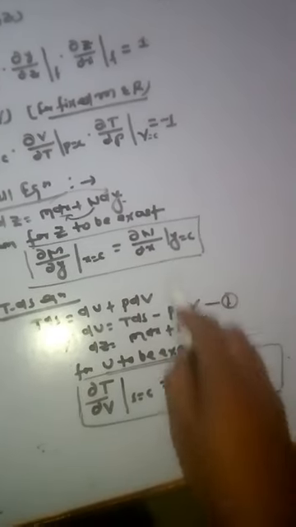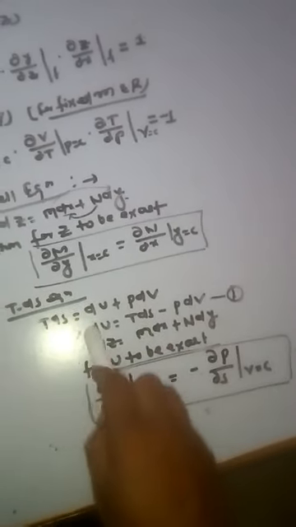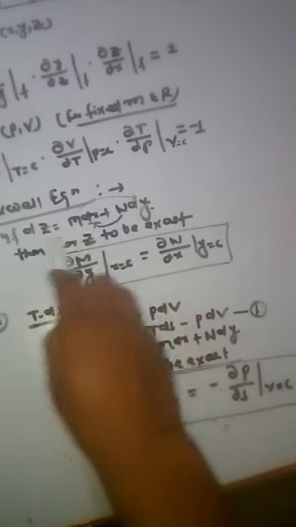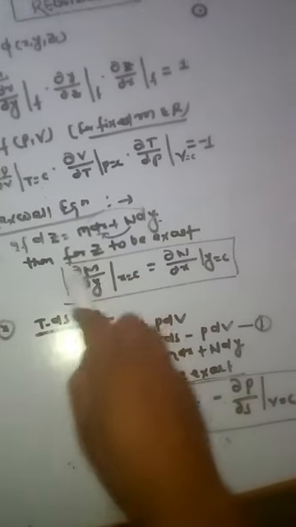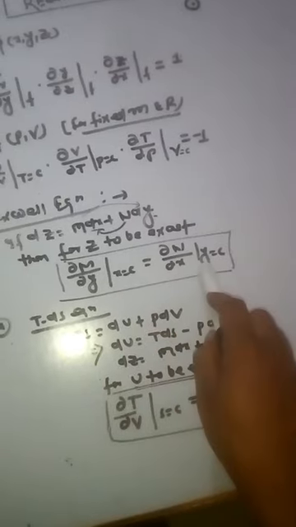If you put these values in the equation, for u to be exact, both terms must be equal.